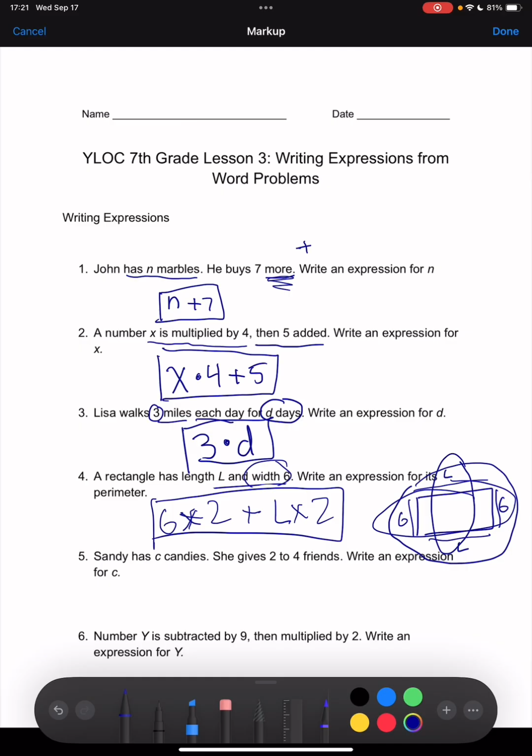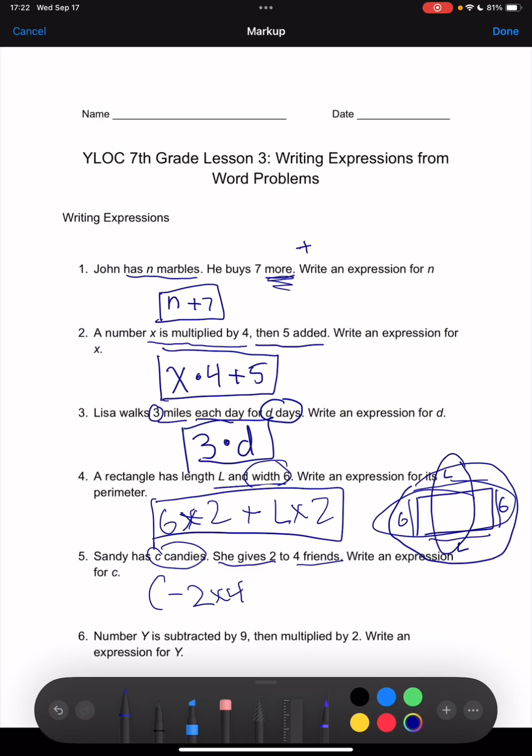Sandy has C candies. She gives 2 to 4 friends. Write an expression for C. Sandy has C candies. We do not know how much, but then we know that she gives 2 to 4 friends. So we can do C minus 2 times 4.